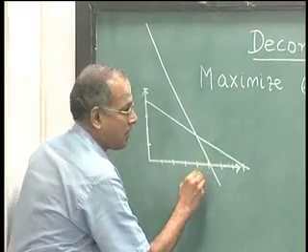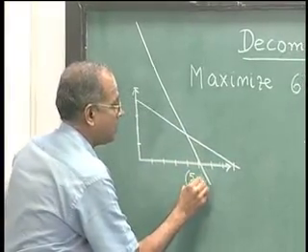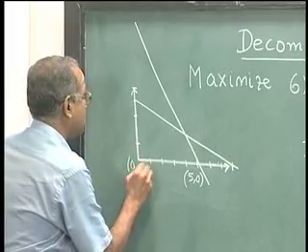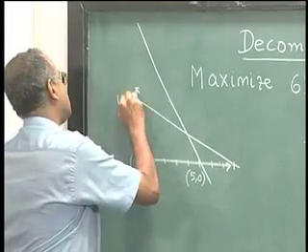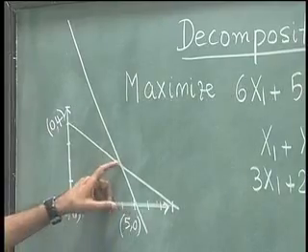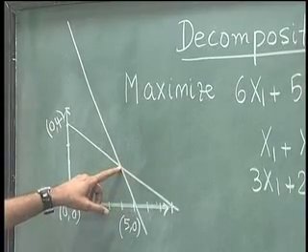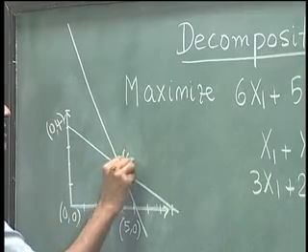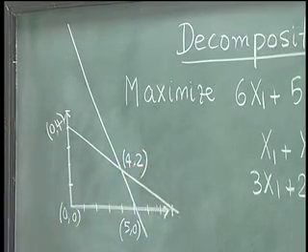So this will be the point 5 comma 0, this is the point 0 comma 0, this is the point 0 comma 4, and this will be the point 4 comma 2.